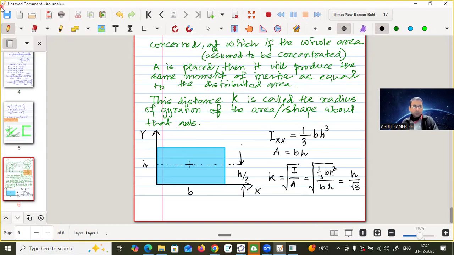H by root 3 will be more. So that line will be somewhere. I can draw H by root 3 with an arrow; it will be somewhere here, isn't it?